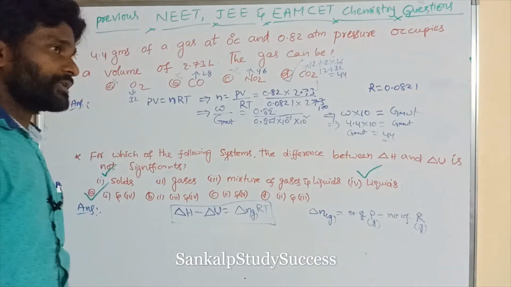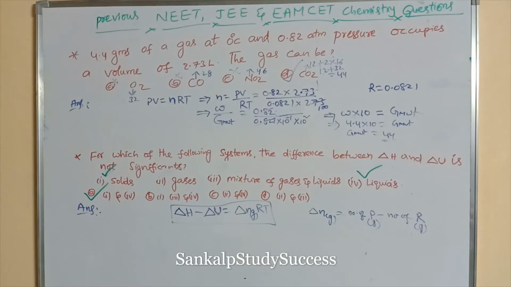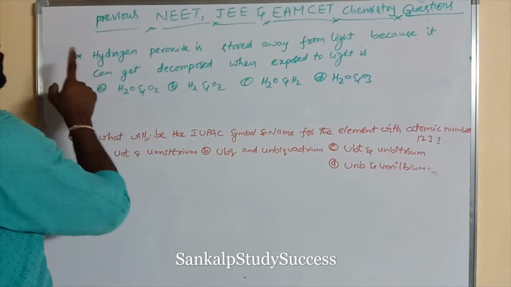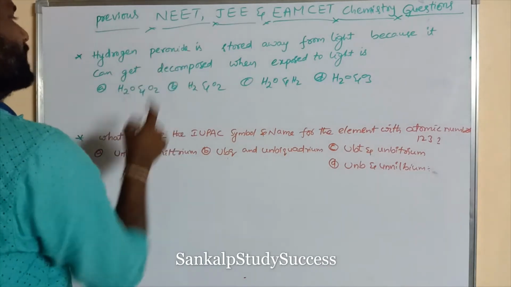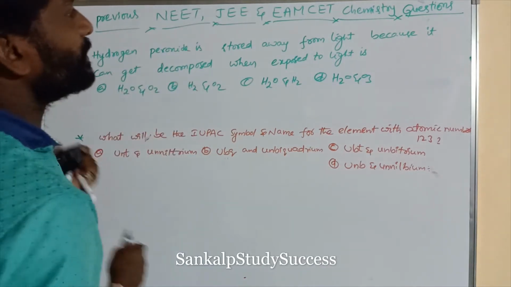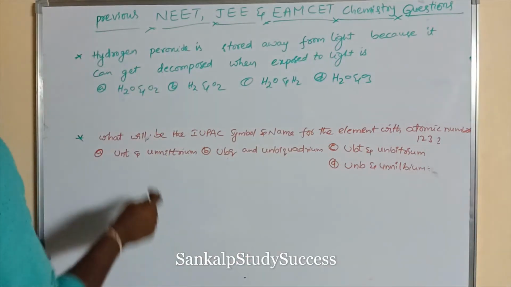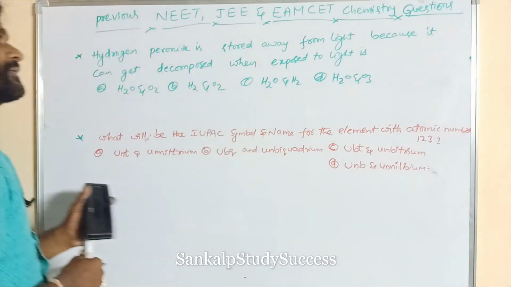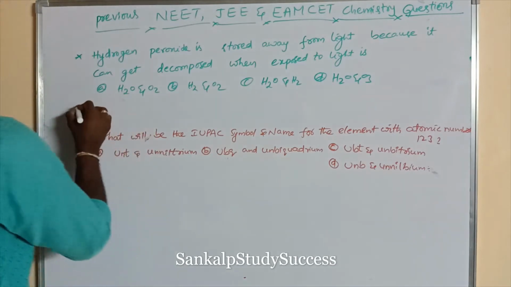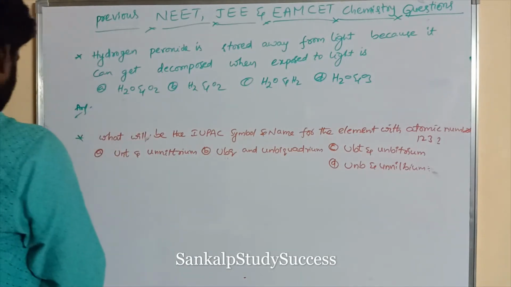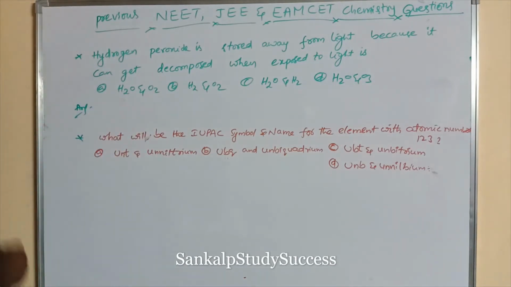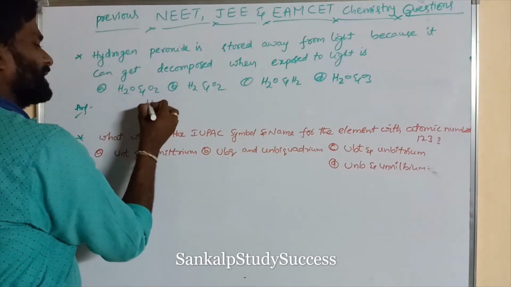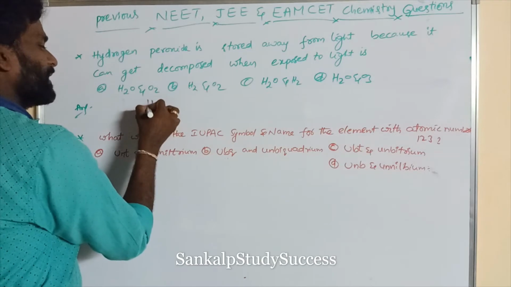Okay, next goes to another question. Hydrogen peroxide is stored away from light because it can get decomposed when exposed to light. So what is its answer? Hydrogen peroxide can be decomposed in the presence of light.